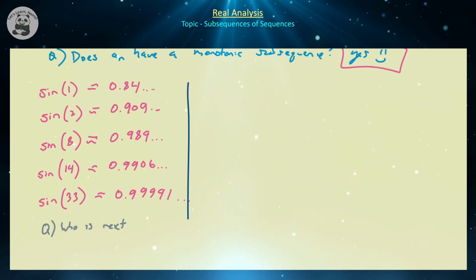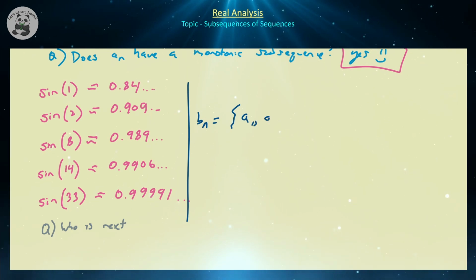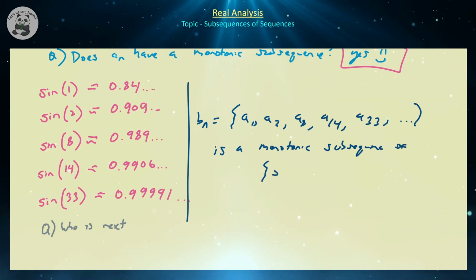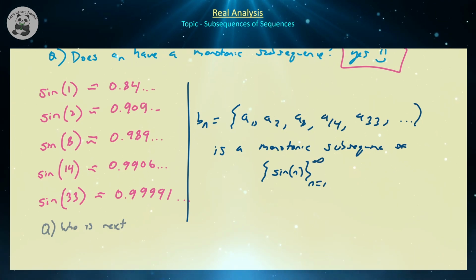Right? So if we look at b of n, which is equal to a1, a2, a8, a14, a33, and so on, this is a monotonically increasing subsequence of this sequence sine of n, where n ranges from 1 to infinity.